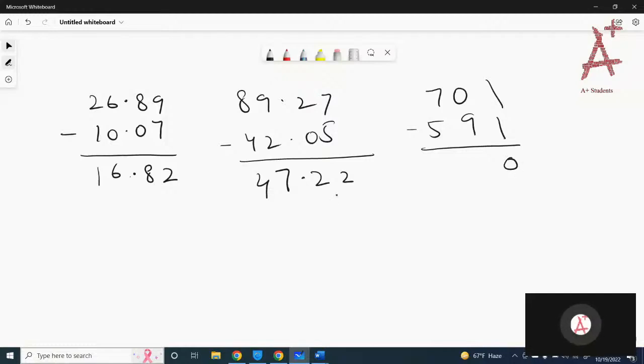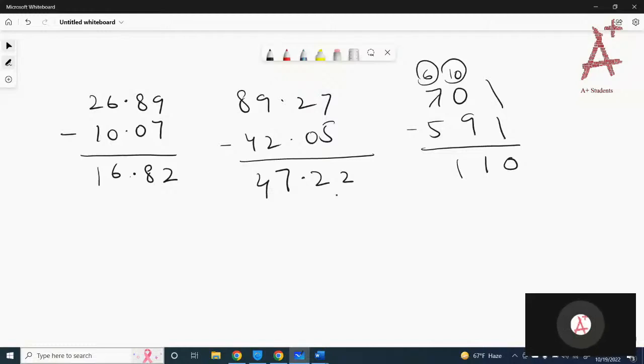You cannot subtract 9 out of 0, so you need to borrow 1. It would be 10, and here you are left with 6. So 10 subtract 9 is 1, and 6 subtract 5 is 1. Got it? So when you subtract them, it would be 110. Got it? So select the correct option and click on the OK button.